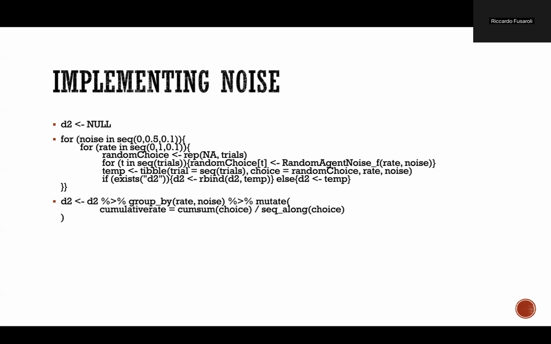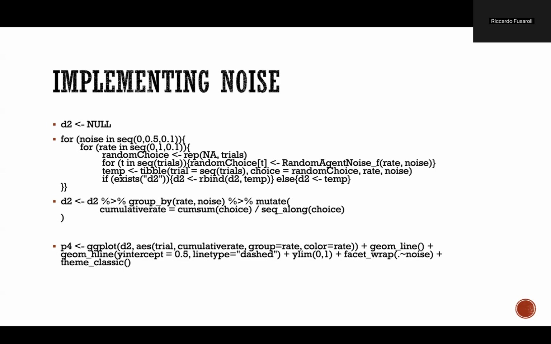Then we can create our cumulative rate by rate and noise so that we can split those aspects. We can plot it. And the only difference here is that we color by rate, by bias, by theta, and we facet wrap by noise.